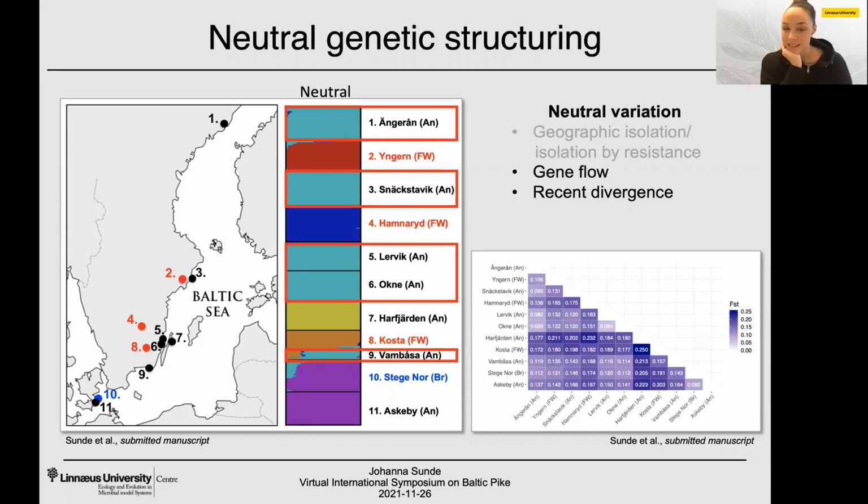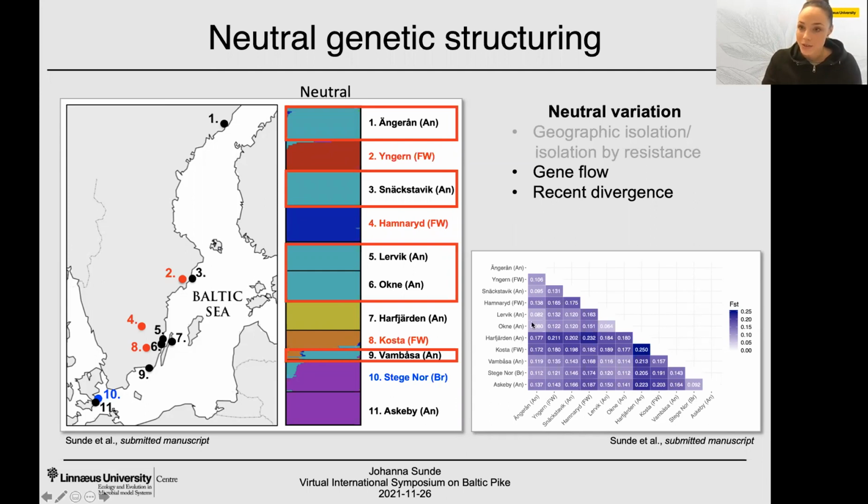The next pattern that I would like to highlight is that most of the anadromous populations were assigned to this anadromous genetic cluster. 5 out of the 7 anadromous populations that we had are assigned to the same genetic cluster, which might indicate gene flow between the populations or recent divergence.